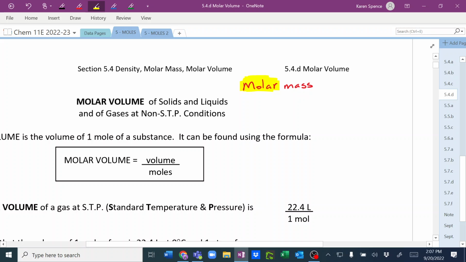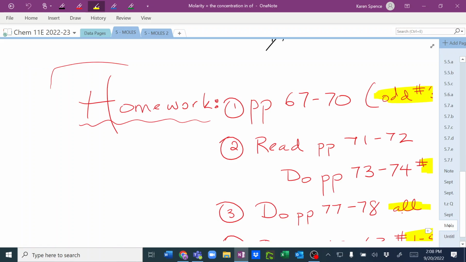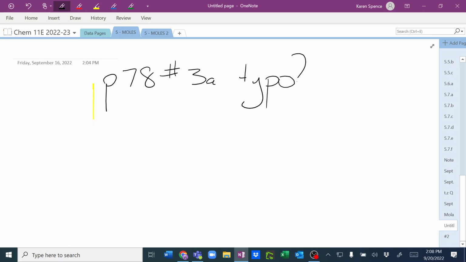You know what I'll do? I will write that down and I will check it for you. Where are we? Oh yeah, probably. 3s and 8s, same finger on the keyboard, right? But opposite hands, so that's probably incorrect. So that was page 78, number 3A, typo. Check it.